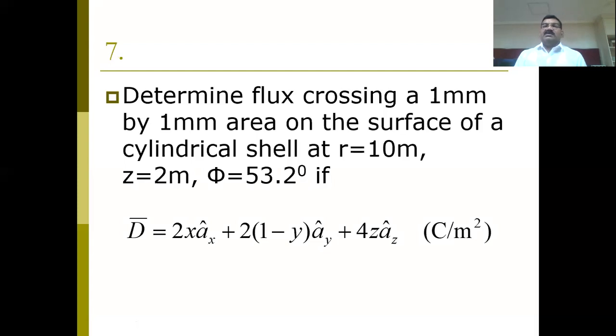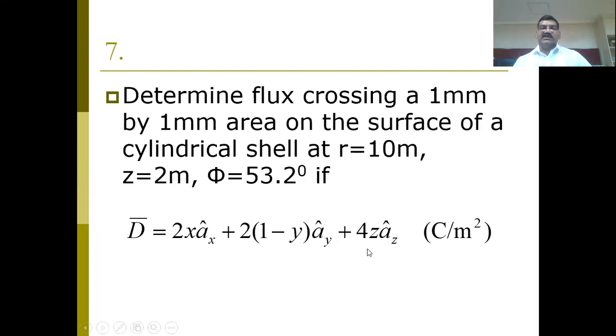Then next, determine the flux crossing a 1 mm by 1 mm area on the surface of a cylindrical shell at r equals 10 meter, z equals 2 meter, and phi equals 53.2.